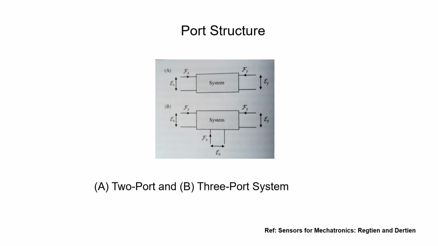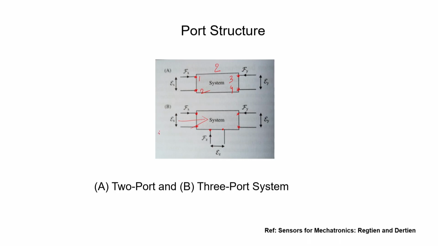So this is a 2-port system, in which you have 2 terminals here and 2 terminals here. So 1, 2, 3, 4. So you have input on one side and output on the other. Then for the 3-port system you have 1, 2, and then 3, 4, and then 5, 6. You have 6 terminals, and maybe you are sending the measurand this way.